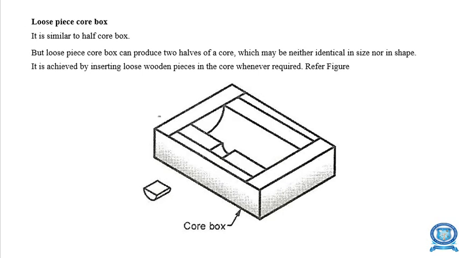It is similar to a half core box, but a loose piece core box can produce two halves of the core, which may be neither identical in size nor in shape. It is achieved by inserting loose wooden pieces in the core box. Whenever required, it is used, like the loose piece diagram.